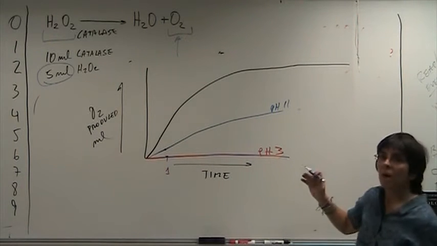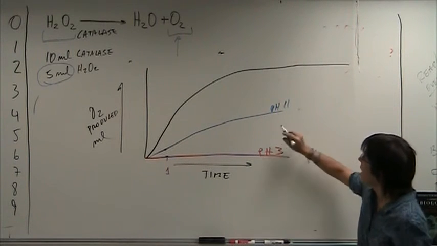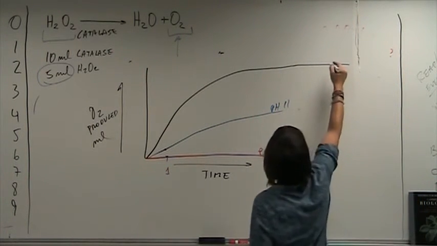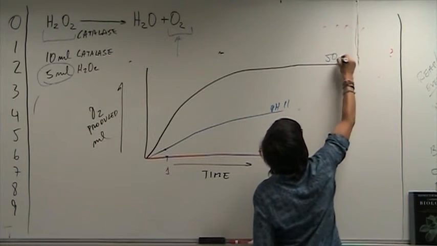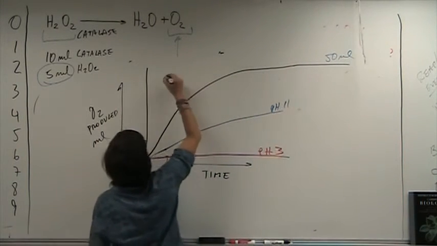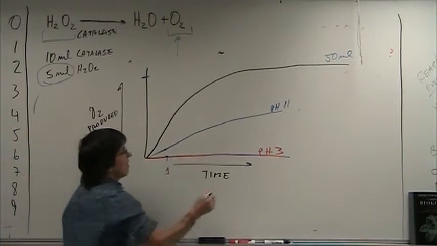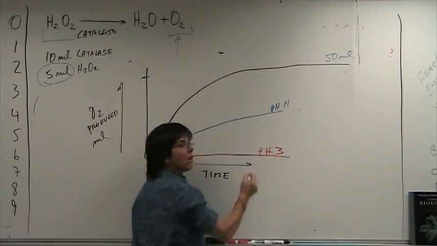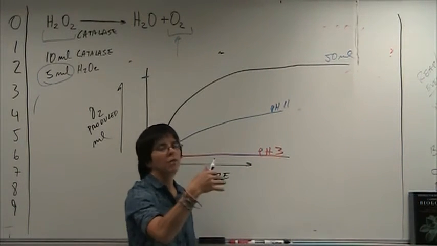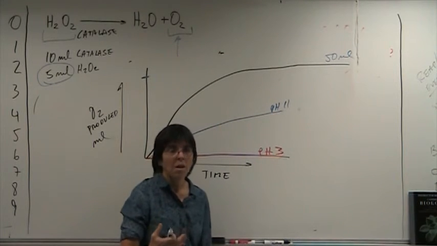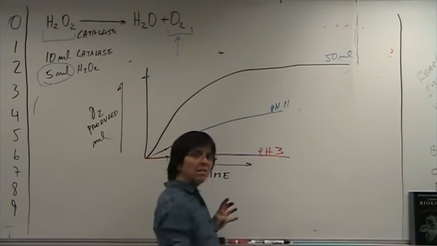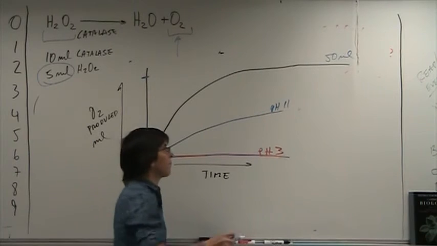So, what's going to happen here? Right here, if this is close to the 50 mLs of oxygen that most people were getting, here we are not even close to 50, and the reaction is going very slow. So, if we allow this enough time, what's going to happen?